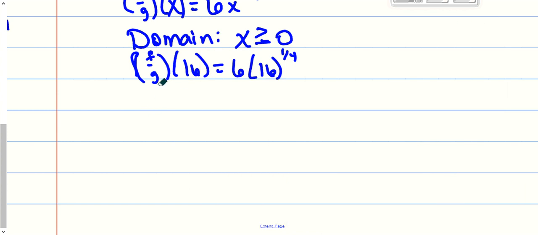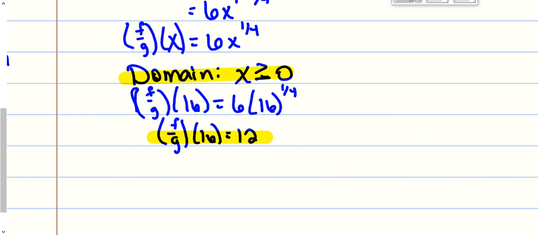So our answer here is f divided by g of 16 is 12. Let's go back and highlight. So there's where we evaluated. Here is our domain, and here is our function. And there we go.